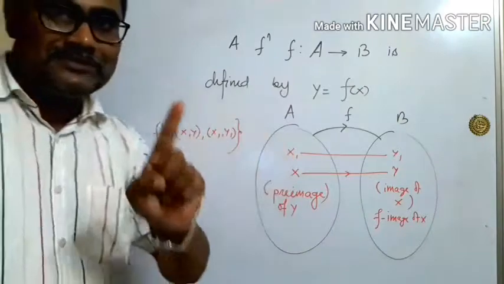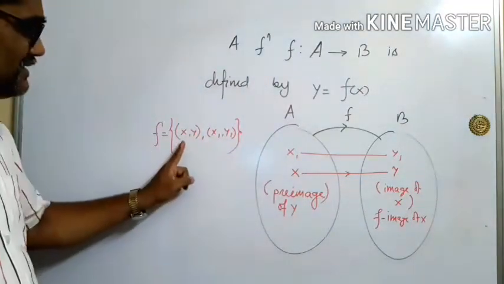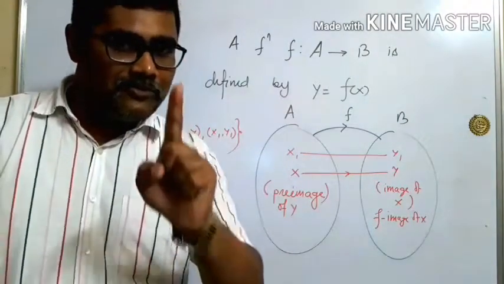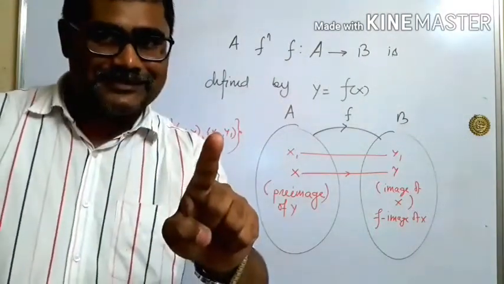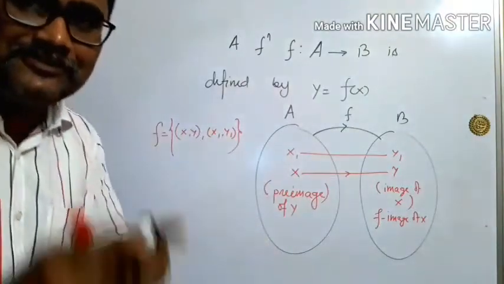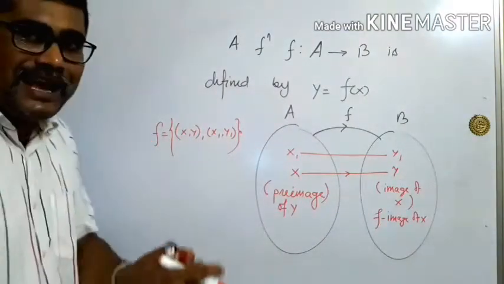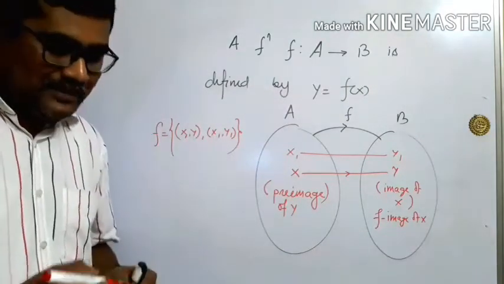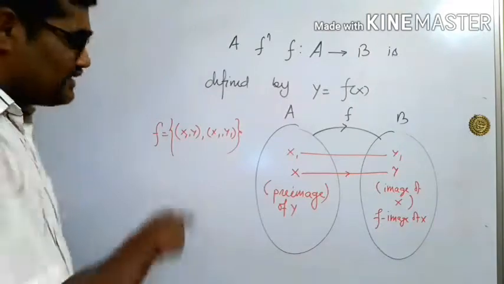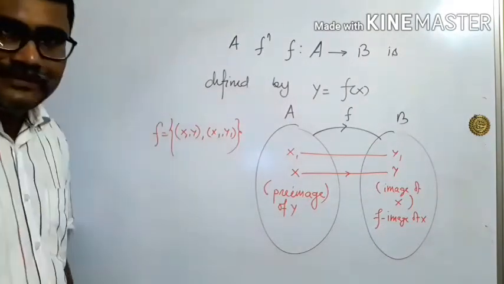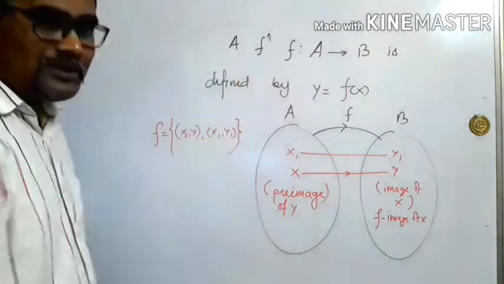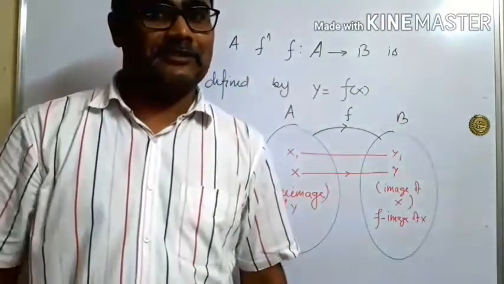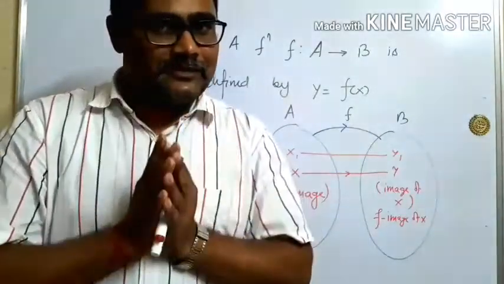So you just check, is there any repetition of the elements in the first place? Because repetition will tell you what? Suppose I have a repetition x1 comma y and x1 comma y1. This repetition will tell you what? Image of x1 is y and image of x1 is y1. That means x1 has two different images, against the criteria of function. Did you understand what I have said?